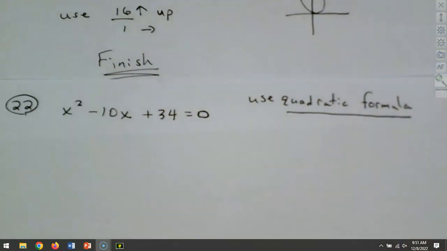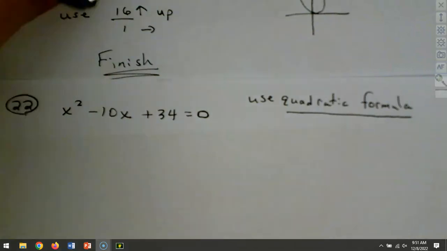Okay, we're going to try to use the quadratic formula here. Now, I'm going to set it up, and I'm going to work about halfway through it, and I'm going to leave the rest of it for you to finish. Okay, so I'll get to the point where we have the numbers in the quadratic formula, but you're going to have to break down and evaluate the roots.